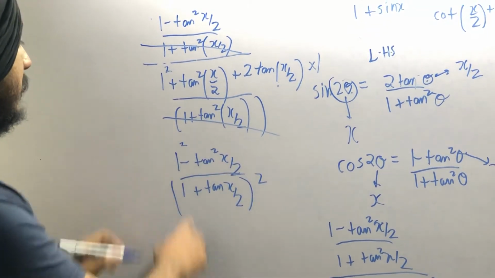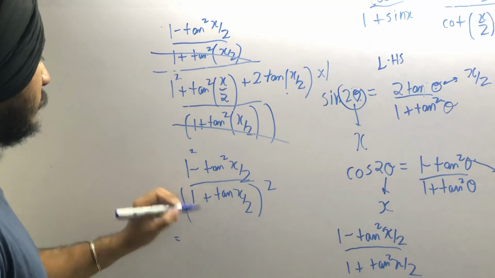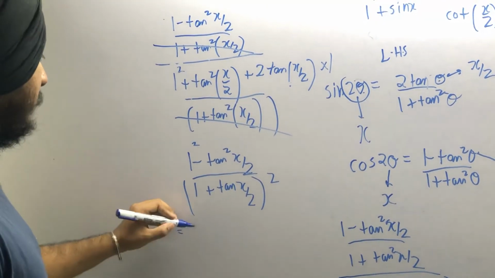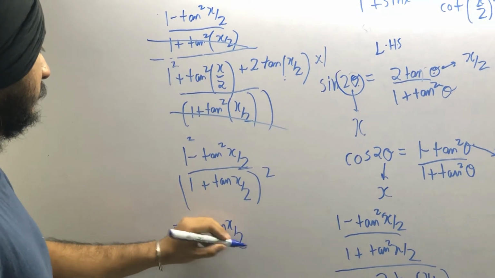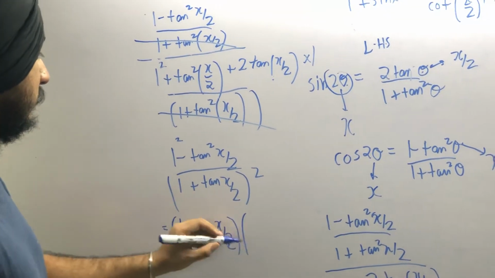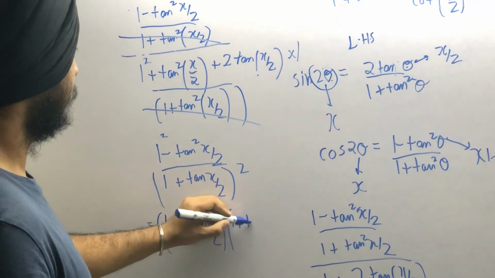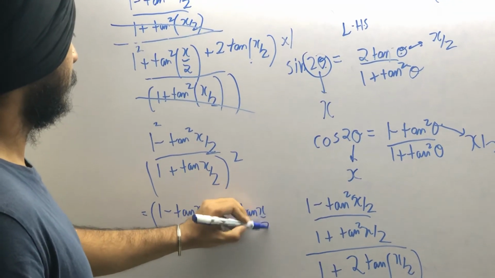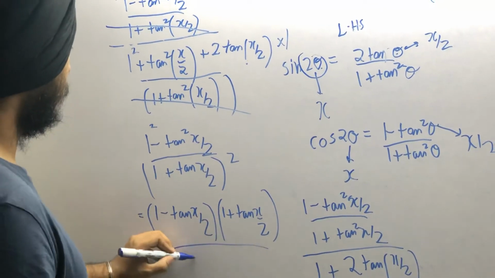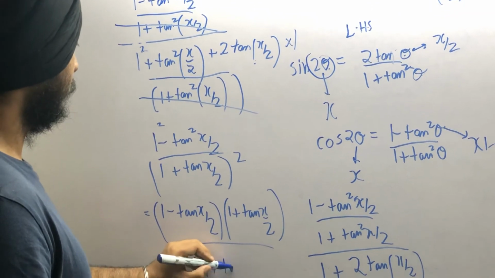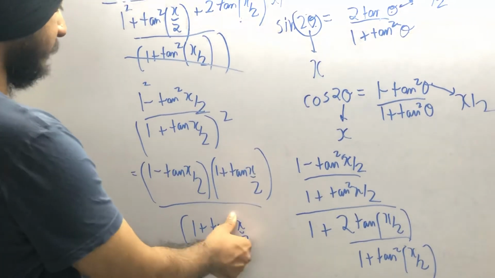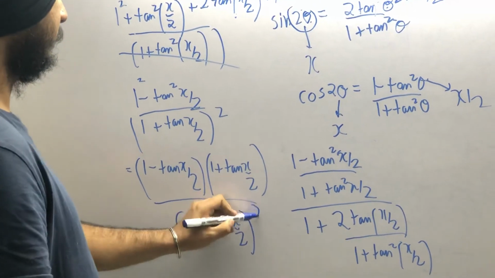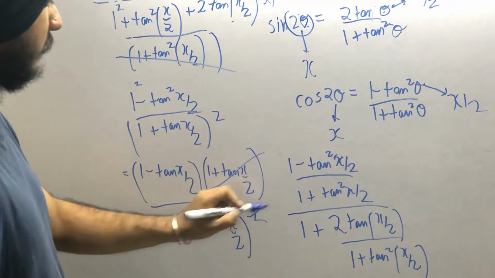This is a square minus b square, and a square minus b square is a minus b into a plus b. So upon, this will cancel with this.